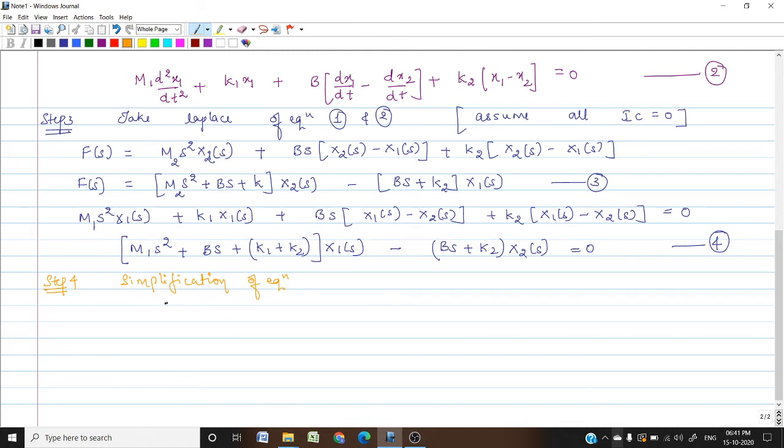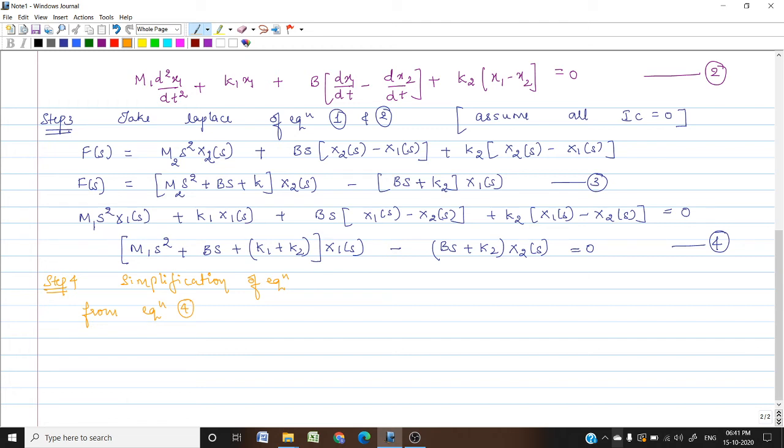From equation number 4, I can write all the terms. I can take x1 of s as the LHS and rest all terms will be taken in the RHS part.